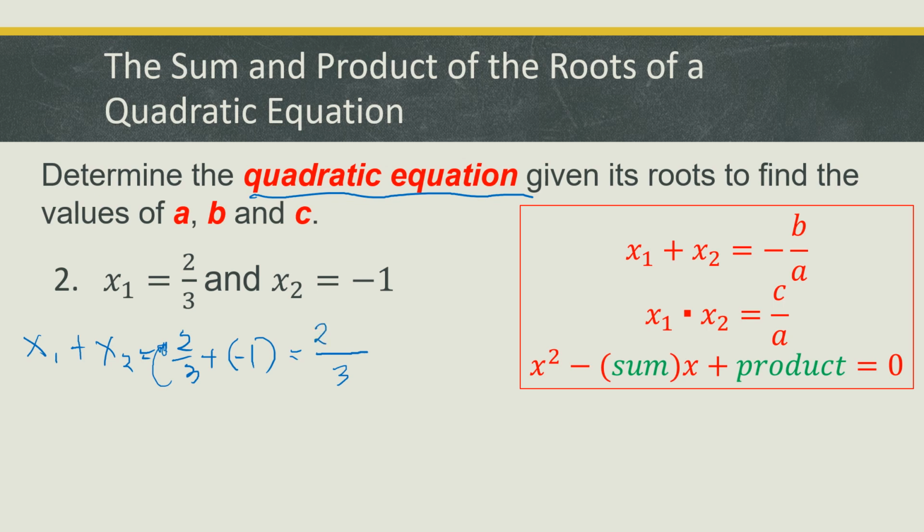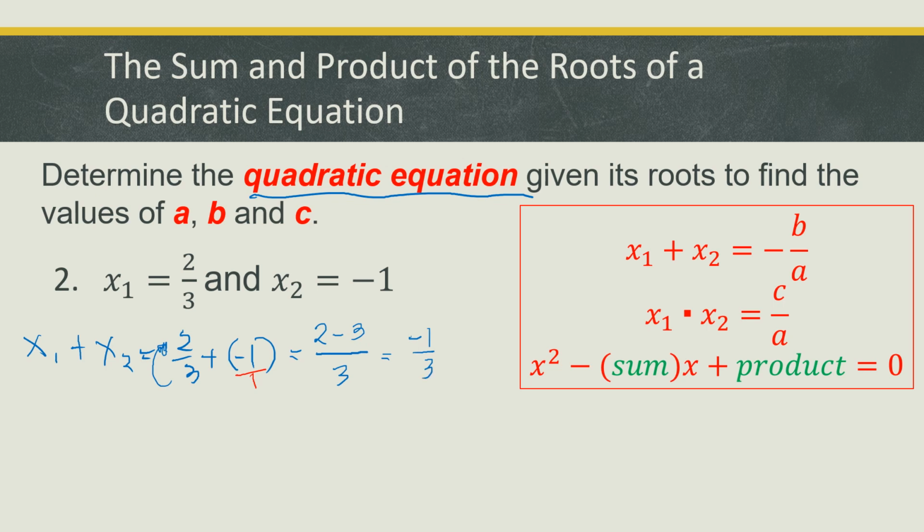Since we do not have a denominator for the second root, that is 1. So let us divide 3 by 1, and that will give us 3 multiplied by negative 1, and that is negative 3. So evaluate the numerator, 2 minus 3, and that is negative 1/3.